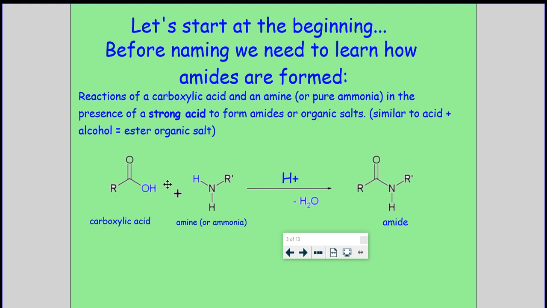Your OH together with a hydrogen will create your water, and that's how that H2O byproduct is formed to finally get your amide. Now, if we have an alkyl group attached to nitrogen, and another alkyl group attached to that from the carboxylic acid, that would make this a secondary amide.